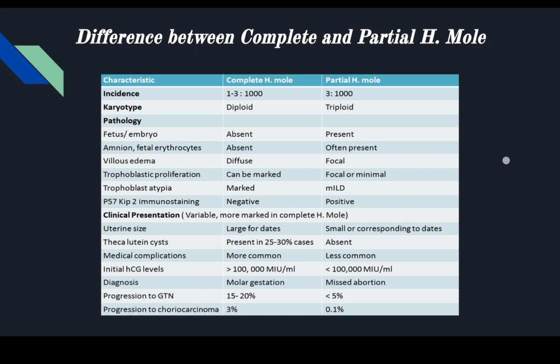The diagnosis for complete mole is molar gestation, and for partial mole it is missed abortion. The progression to choriocarcinoma or malignancy is 3% in complete mole and 0.1% in partial mole, as it has less risk of progression to choriocarcinoma.